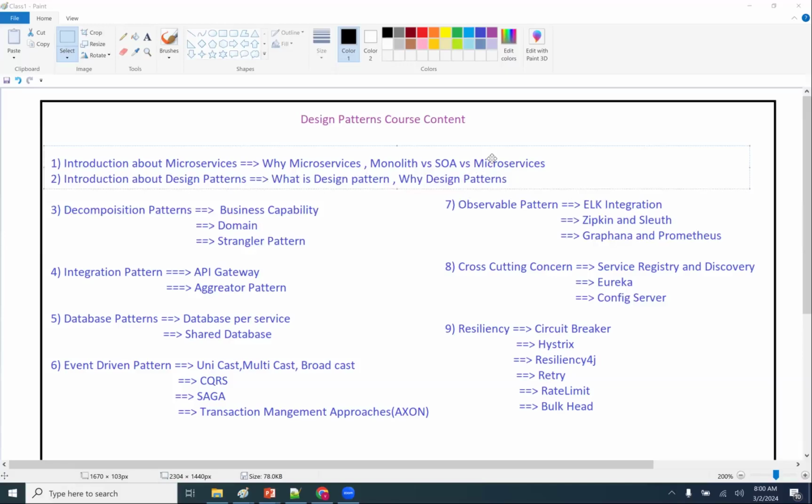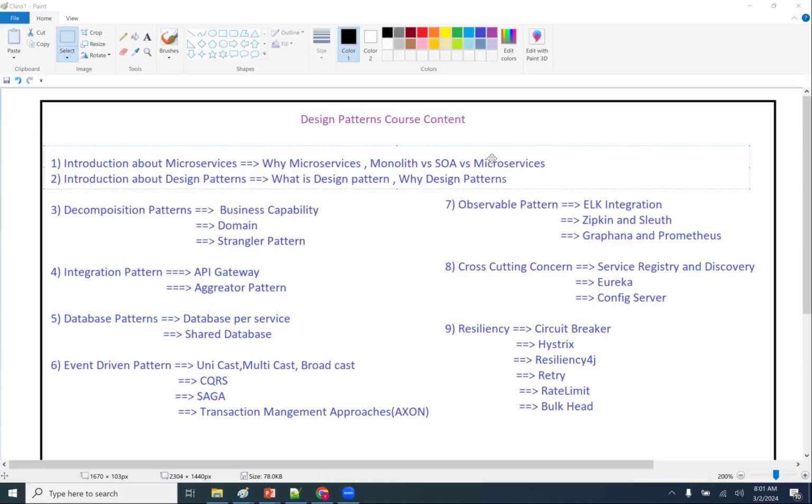Okay, practical examples will be covered in this course, right? Definitely. For example, API gateway, unicasting, multicasting, CQRS, ELK, Zipkin, Sleuth, Eureka, Resilience4J, circuit breaker. Everything is practical.